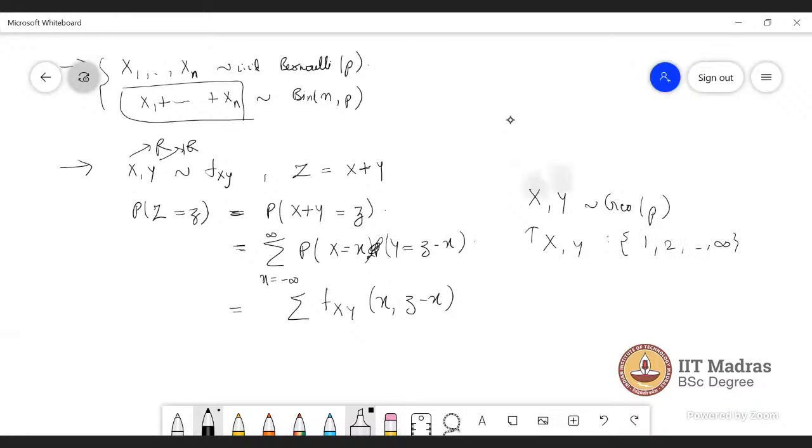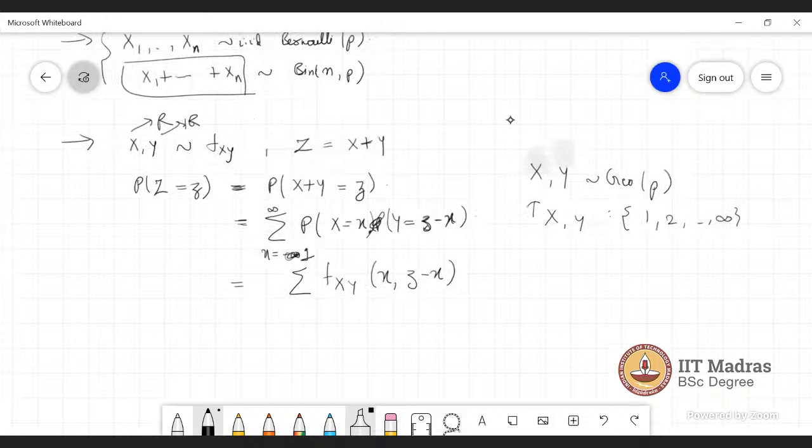Whenever you have to solve a question like this, you should take care where to start, the starting value of x, and where to end. If x and y are geometric, I should start x from 1, and y should not go to 0; y should go minimum till 1. So we should put the value of x in such a manner. This you should take care of.